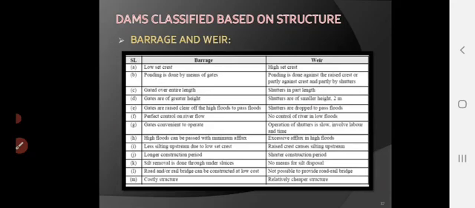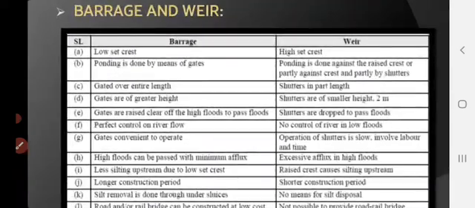Ponding is done by means of gates, obviously, while over here the ponding is done against the raised crest, or partially against the crest and partially by shutters. So in weir, sometimes to get more storage, shutters are provided, right?